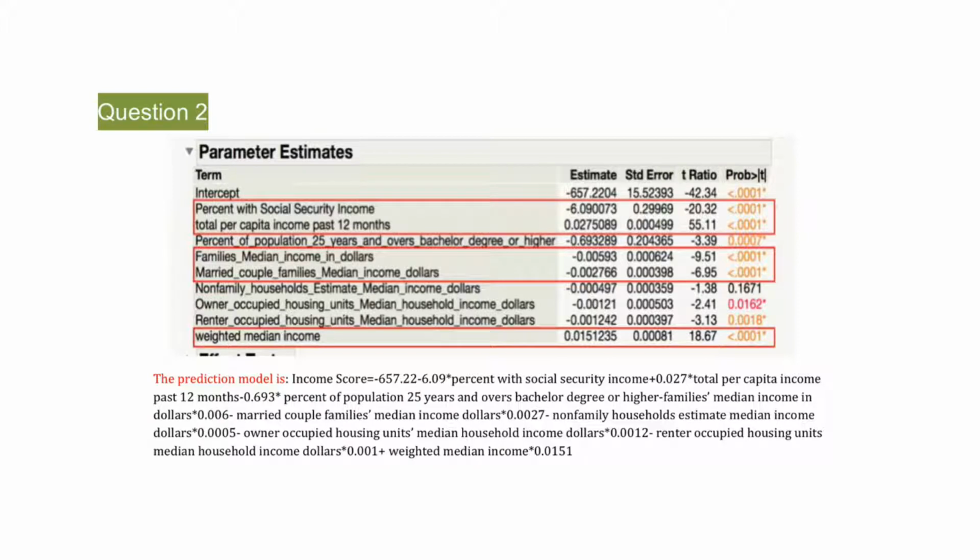Besides, from this chart, we can see that the percent with Social Security income, family median income in dollars, and married couple families median income dollars have a negative impact on income score, while total per capita income past 12 months and weighted median income have positive impact on income score. For all these variables, percent with Social Security income has the most impact on income score.